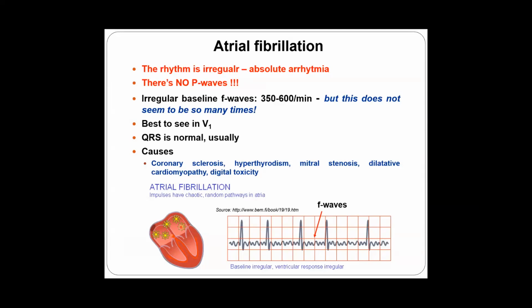The wall of the atrium is fibrillating, and we have a fibrillatory wave that is very fast, around 350 to 600.